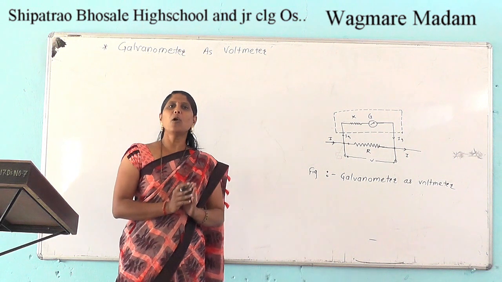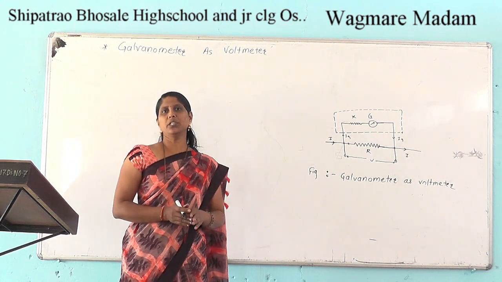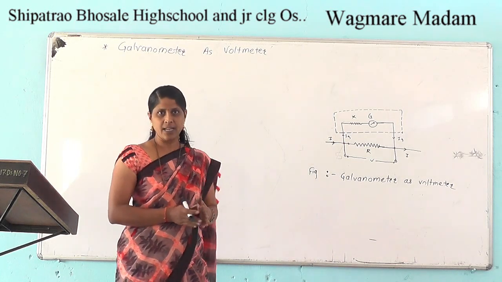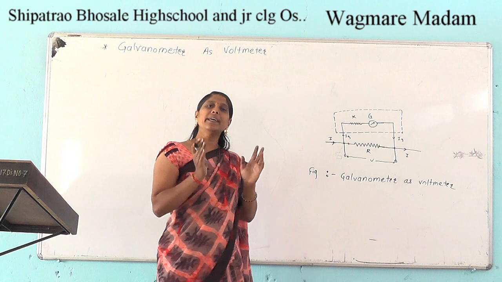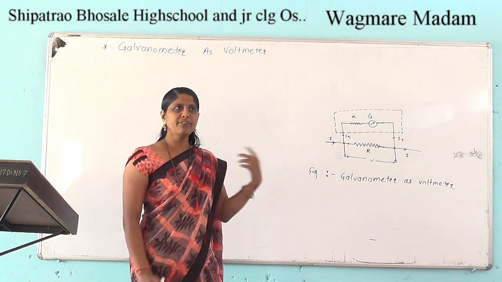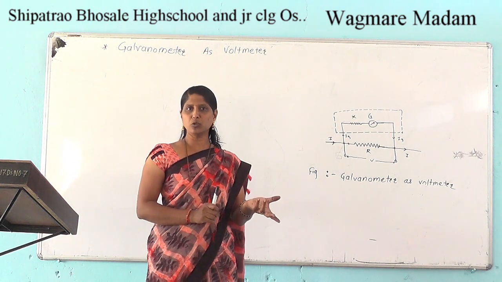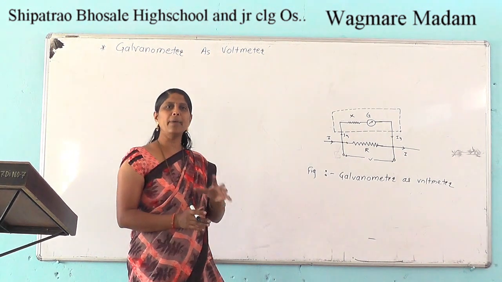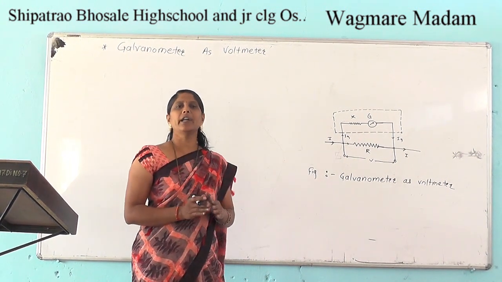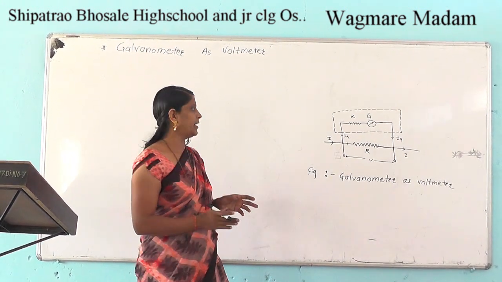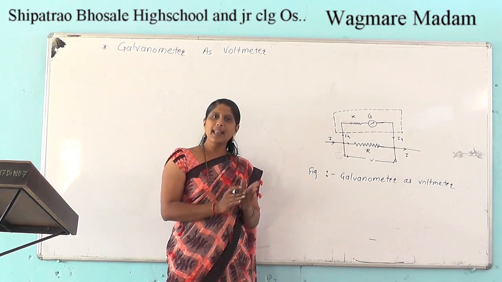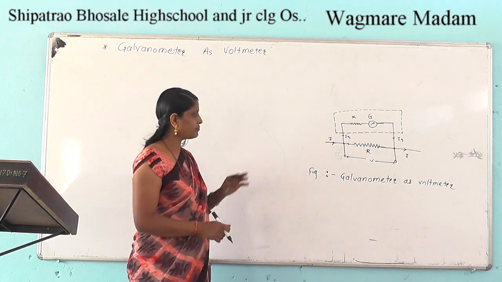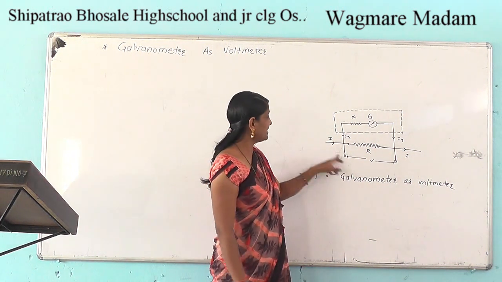Instead of a voltmeter, we can also use a galvanometer, but some modification is necessary because a galvanometer is a very sensitive device. If a large amount of current flows through the galvanometer, it can be damaged. To avoid the damage from large current, we have to connect a large resistance with the galvanometer in series. The circuit diagram is given here.